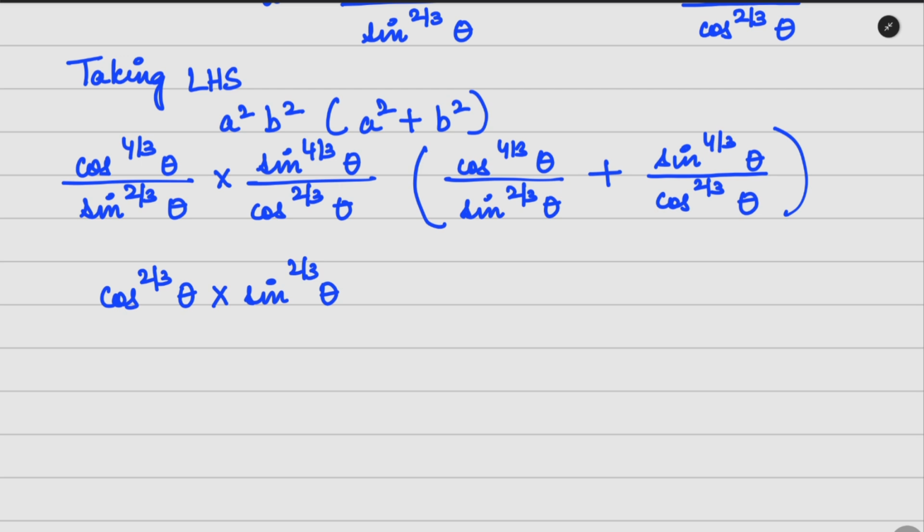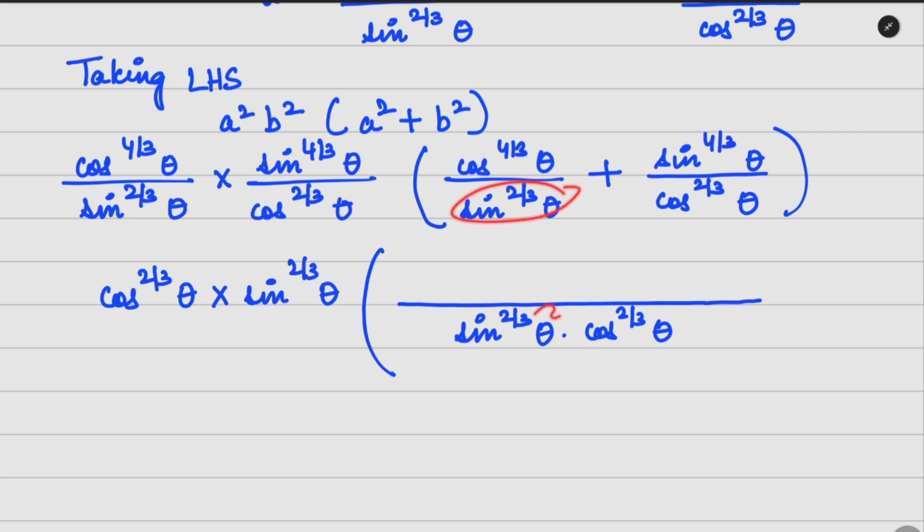Okay, and then for the terms within the bracket, take the LCM. So you will have sine 2 by 3 theta into cos 2 upon 3 theta. Now be very careful when you are taking the LCM. You already have sine 2 by 3 theta, so you will have to multiply cos 4 upon 3 theta by cos 2 upon 3 theta.